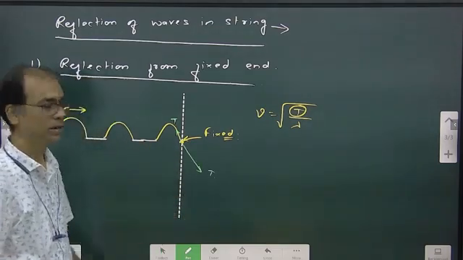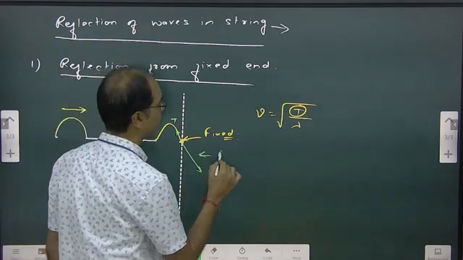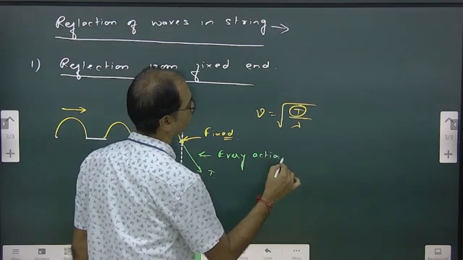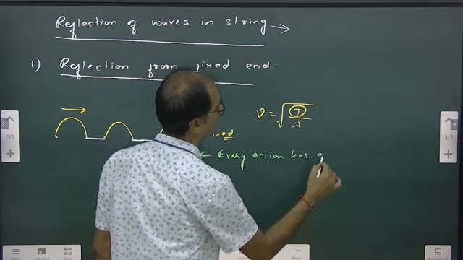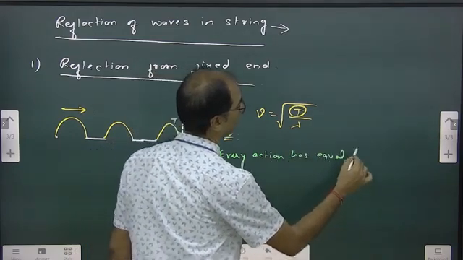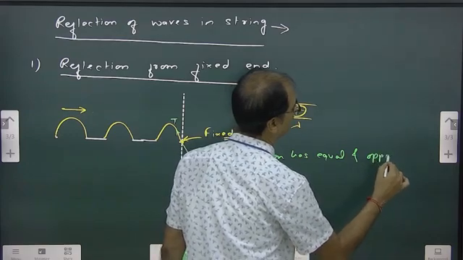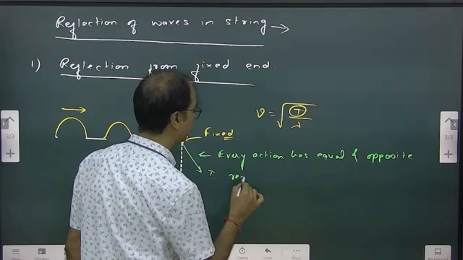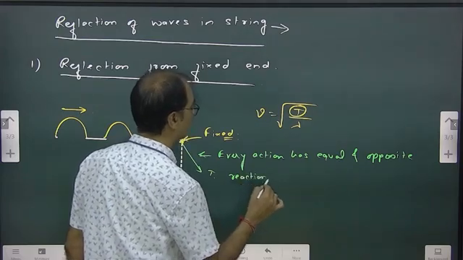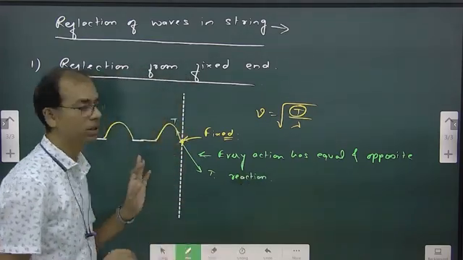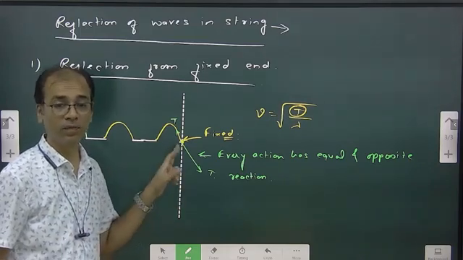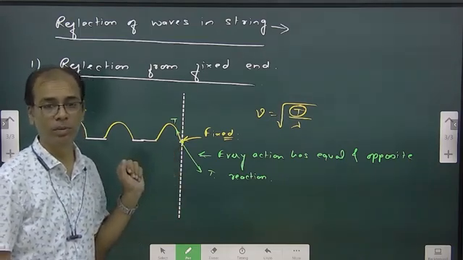Every action has an equal and opposite reaction. Okay. And now what will happen? The action applied by the rope on the fixed end did not move the fixed end. But when the fixed end applied the force on the rope, the rope moved.